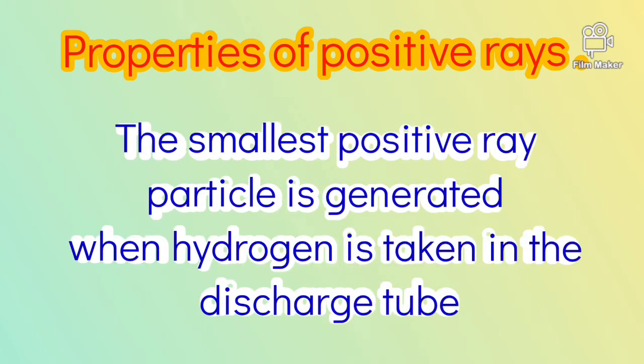Third property, the smallest positive ray particle is generated when hydrogen is taken in the discharge tube. That means if we use hydrogen gas in the discharge tube, we can get the smallest positively charged particle.